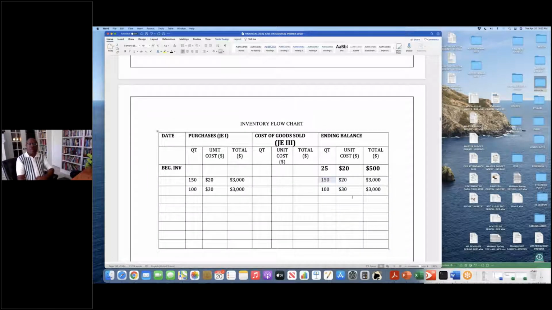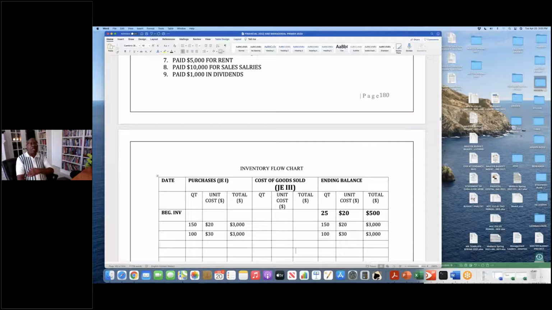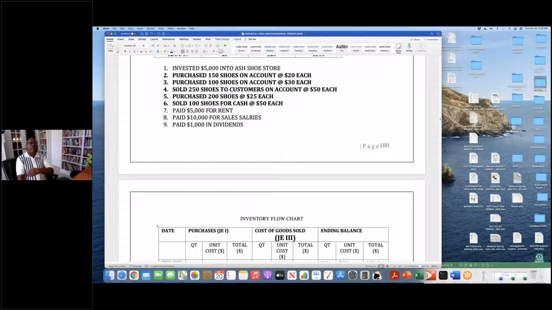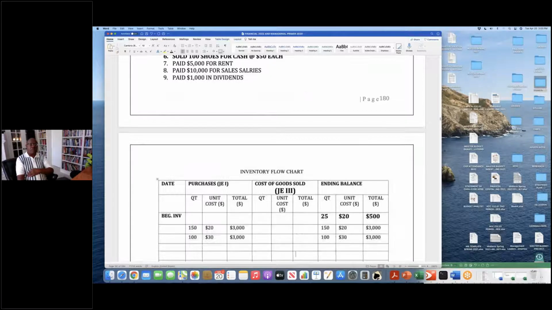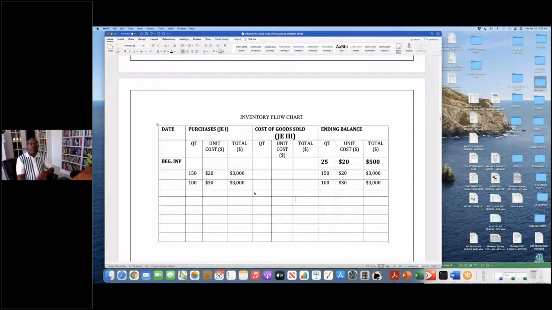So at this point, we've got 25 at 20, 150 at 20, and 130. How many do we sell? 250, correct? So we know we got to sell 250 in here.